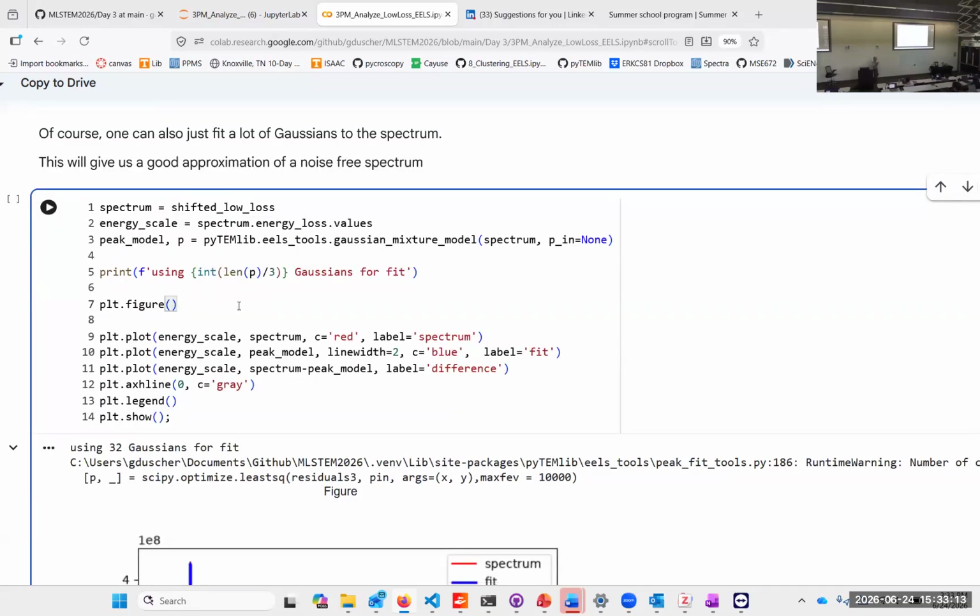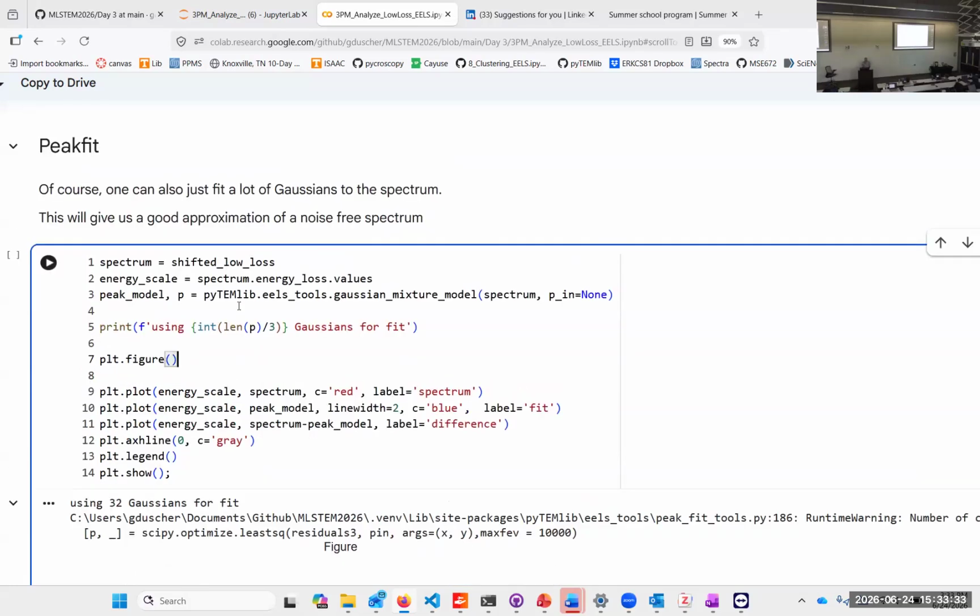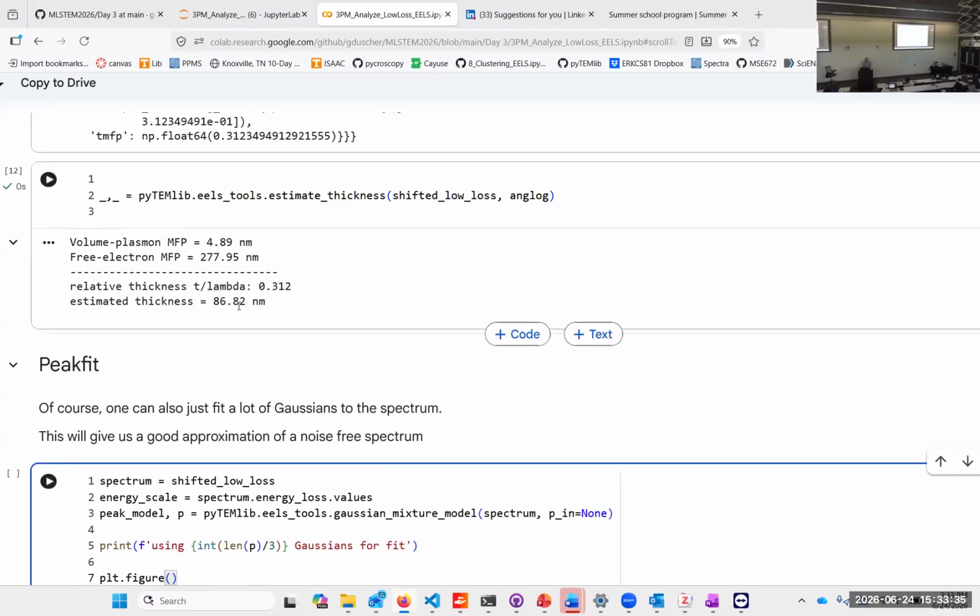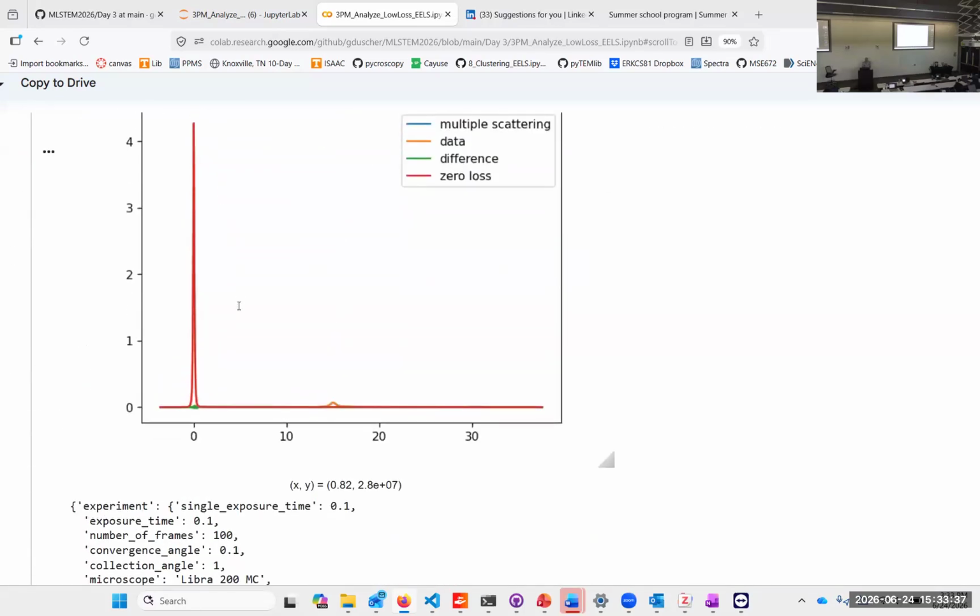So it's not really an excellent way for the measurement. It's a little bit better than what you're doing with the inelastic mean free path, so the relative thickness times the inelastic mean free path that you get from somewhere, but not much. So we have fitted the relevant parts there.